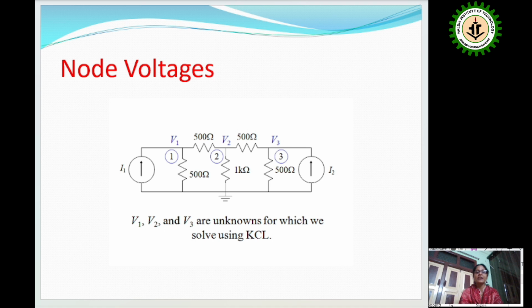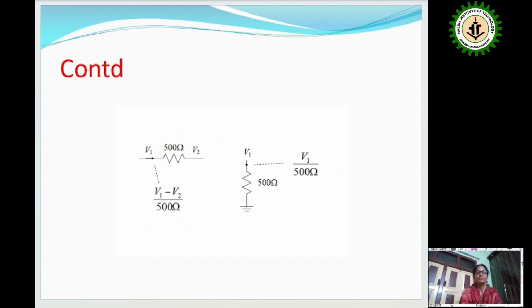After that, how we can apply KCL at each node? This is one example. Suppose the resistance value 500 and there are two voltages at the ends, V1 and V2. Then what will be the current? V1 minus V2 upon 500.